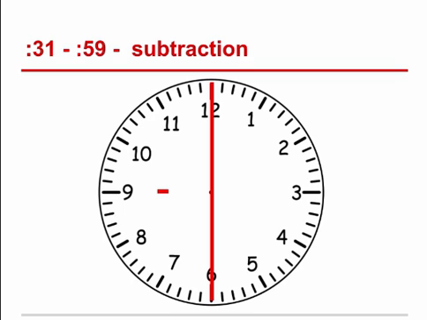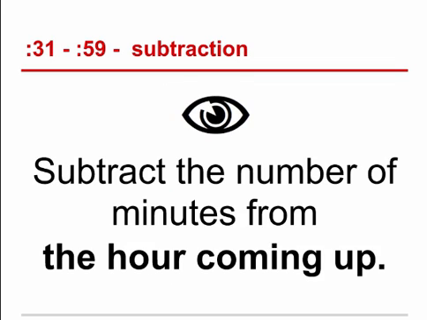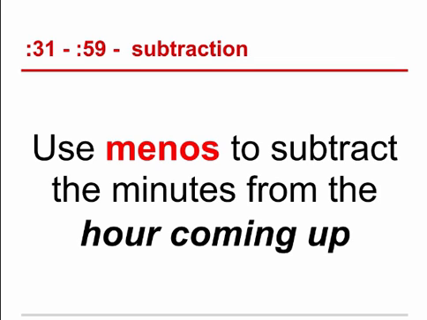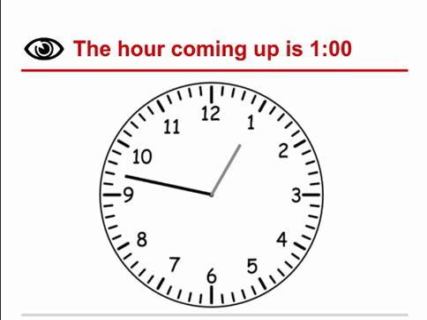When we have the minutes 31 through 59, we use subtraction. Subtract the number of minutes from the hour coming up. Use menos to subtract the number of minutes from the hour coming up. Take a look at this clock. The hour coming up is 1 o'clock.